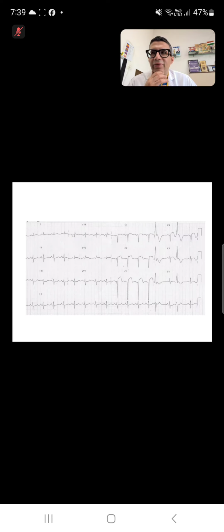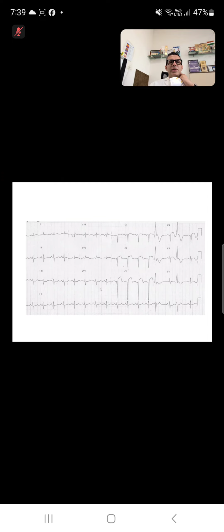So leads 2, 3 and AVF are all near equiphasic. No obvious left axis deviation. AVL is predominantly positive though there is a small Q wave. Probably lead 3 is more negative, and lead 2 is almost equiphasic. So it is between 0 degrees and probably minus 30 degrees somewhere there.